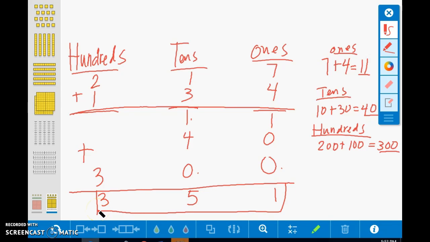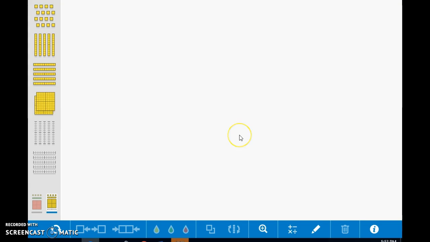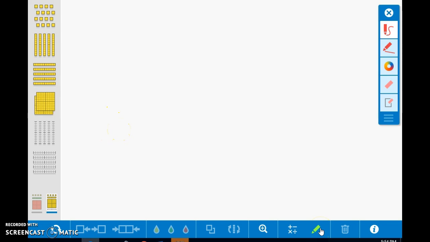So that means that Matthew read, like we said, on week 1, 217 pages, plus 134 on the second week, which we said equaled 351.